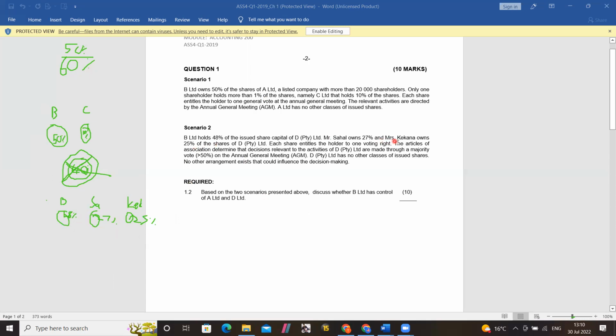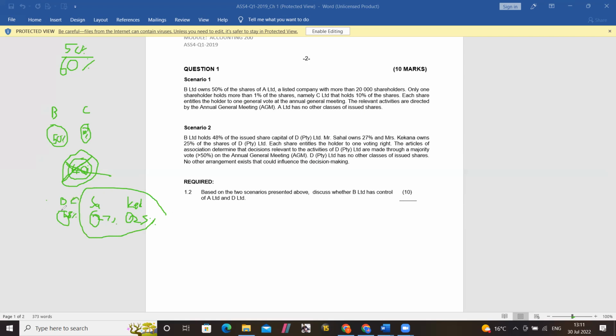Whereas if Sahal and Kekana own 52%, so more than B, right? Which means they can outcompete B in terms of decision making, right? So B can come up with a decision, but these two can agree to a decision and outcompete B, right?